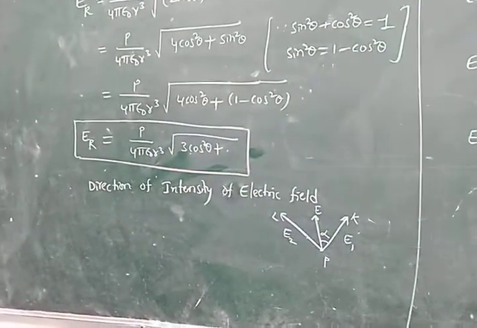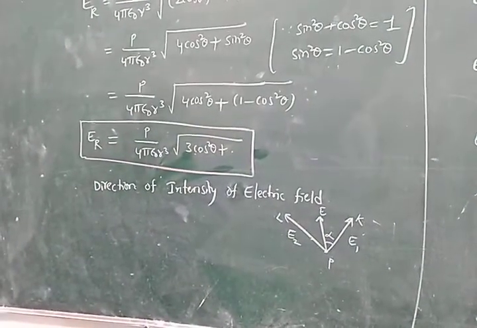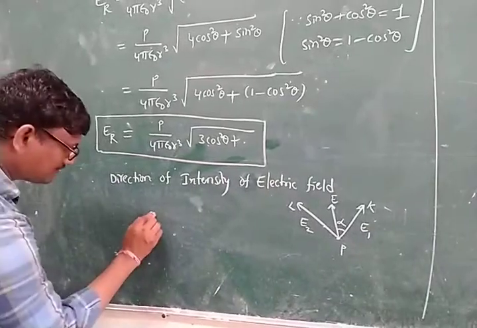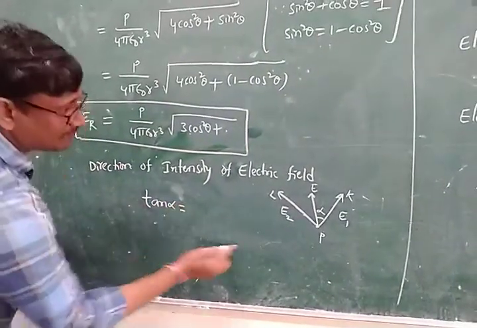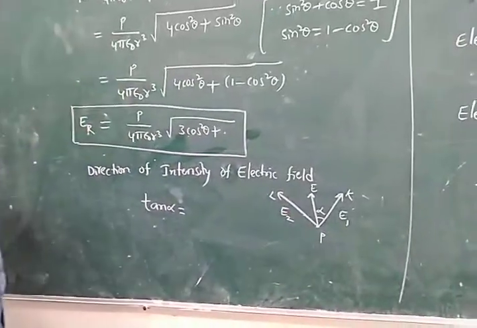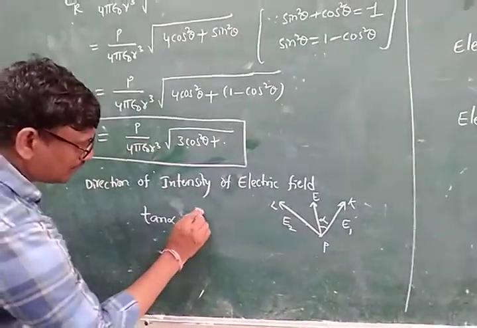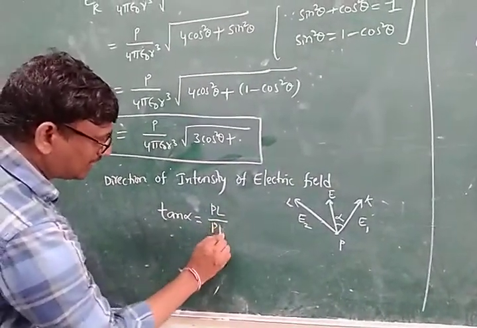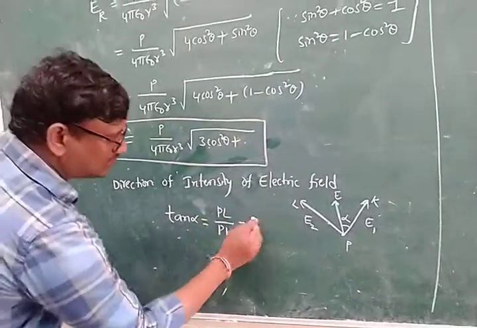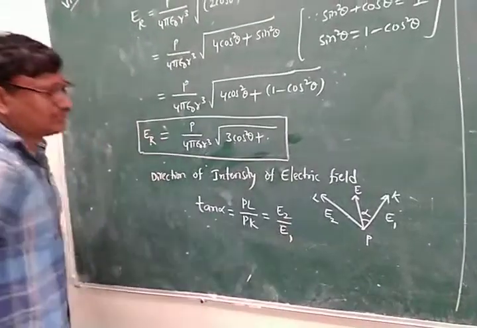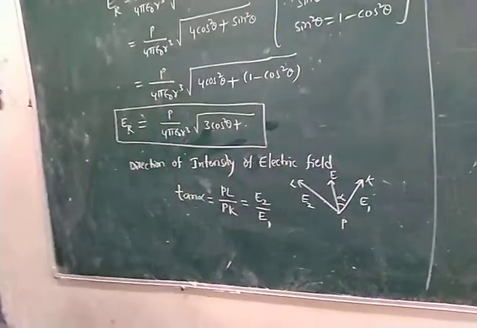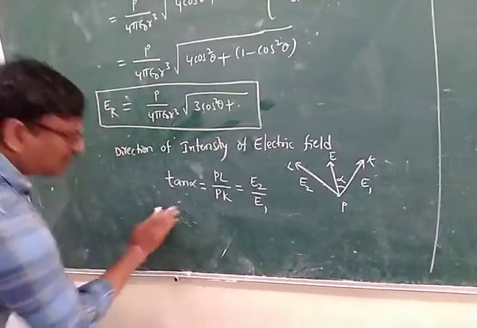We know from first year that the direction is given by tan alpha, where alpha is the angle. Tan alpha is equal to opposite by adjacent side. Opposite is PL by PK, and PL is E2 by E1. So tan alpha is equal to E2 by E1.